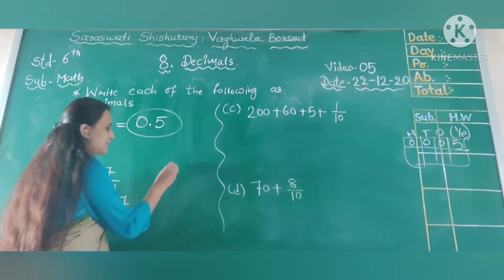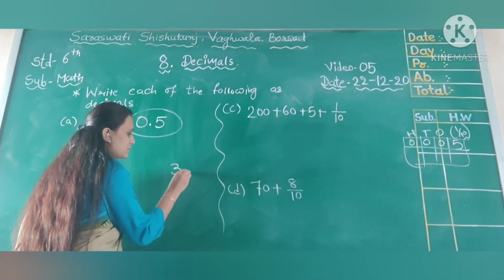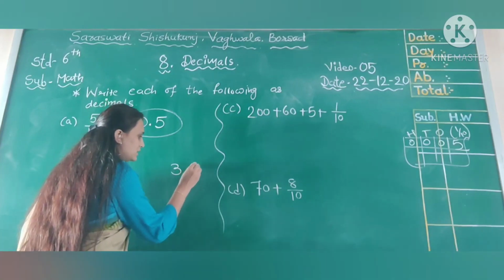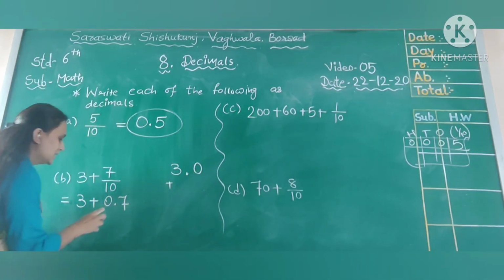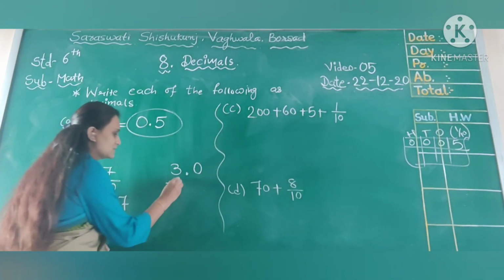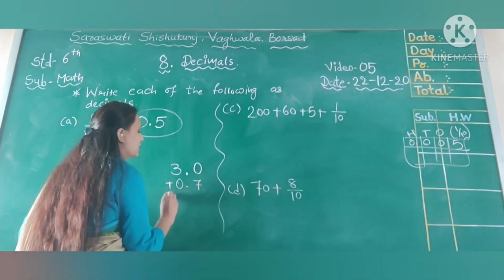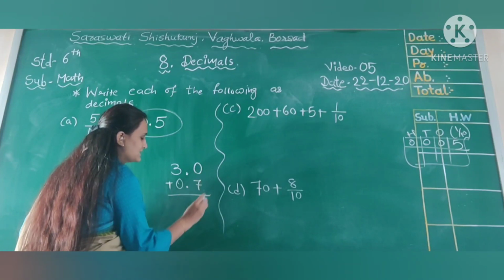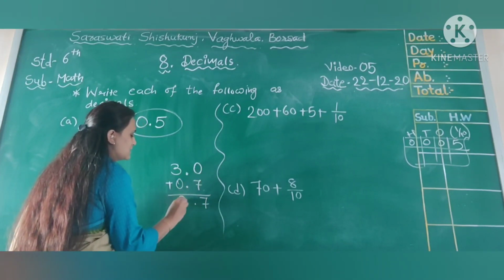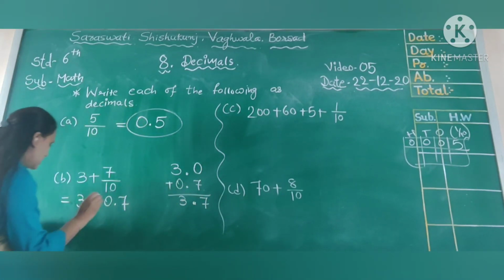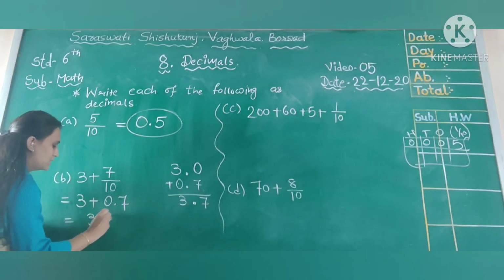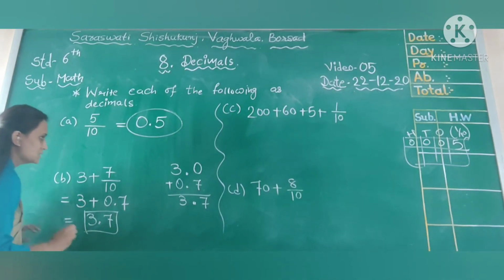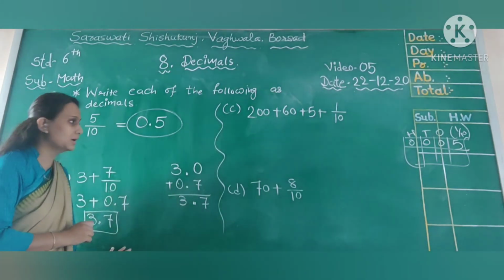This is 3. There is no decimal part, so we can write it as 3.0. And the other number is 0.7. Now let us add both numbers: 0 plus 7, 7. 3 plus 0, 3. So the answer of the addition is 3.7. So this is the answer of the second number.